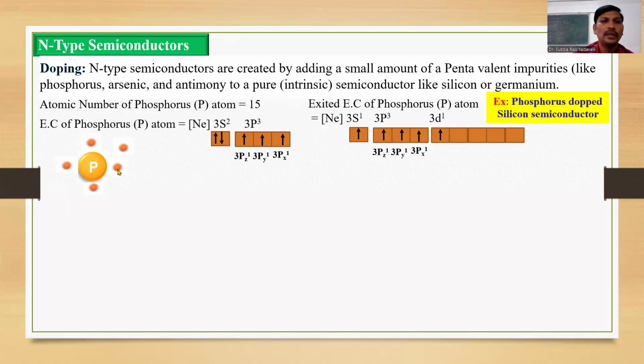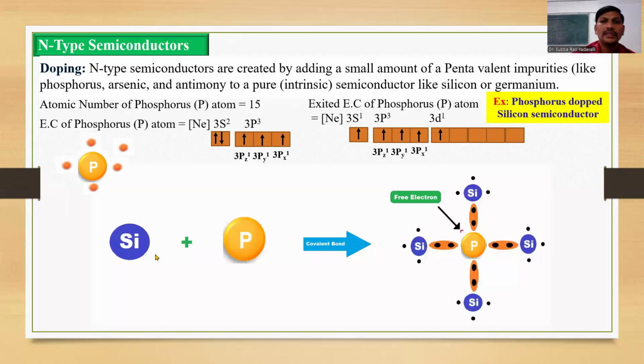Here these are the 4 electrons and another electron, overall 5 electrons. This silicon has the capacity to bond with 4 electrons, so each silicon is surrounded by 4 atoms. Phosphorus also contributes 1 electron, and phosphorus is surrounded by 4 silicon atoms. So here this phosphorus is surrounded by 4 other silicon atoms, each contributing 1 electron.